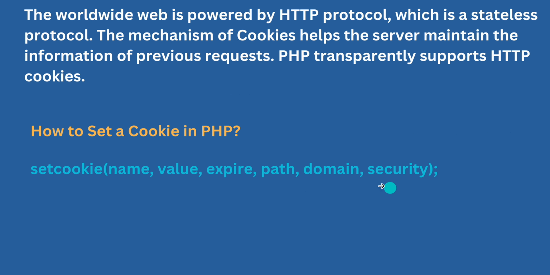So if a cookie is created by, suppose, google.com, and I have specified this cookie only for google.com, then whatever information you store in the cookie is valid for which domain? Google.com. The same information is not going to be used for facebook.com or any other website, right?